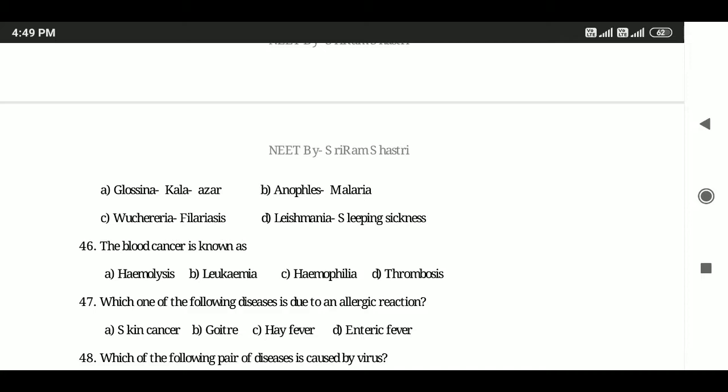Among these, Glossina is a vector for the disease. It's not the germ for the disease. Anopheles is also a vector for the disease, not the germ for the disease. Leishmania does not cause sleeping sickness, it causes Kala Azar. Sleeping sickness is caused by Trypanosoma. So the right answer is C, Wuchereria bancrofti.